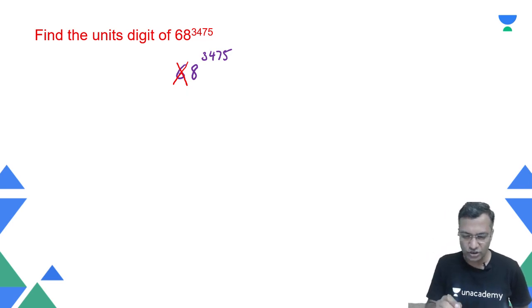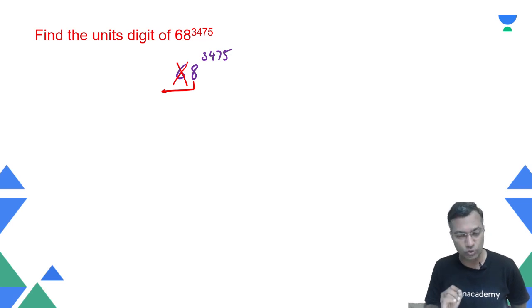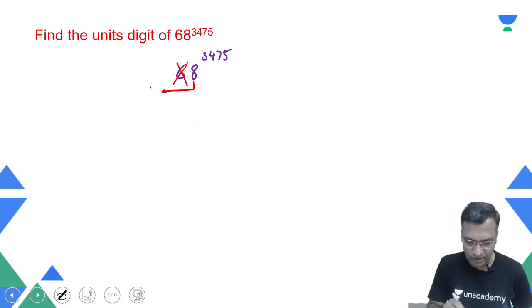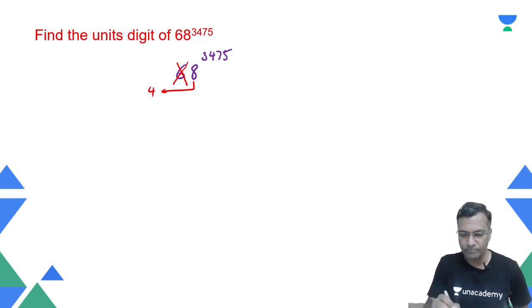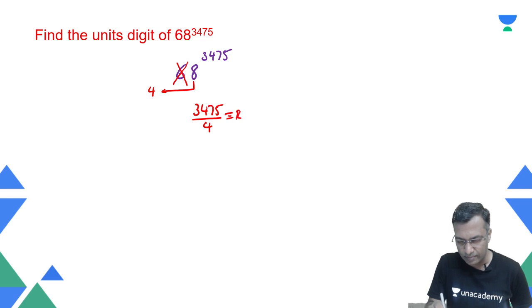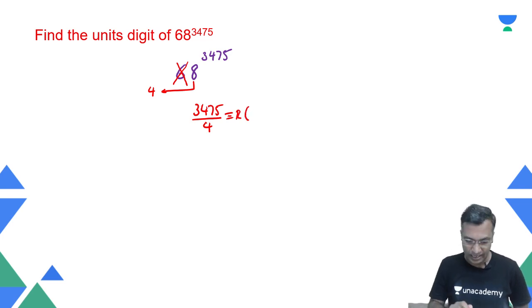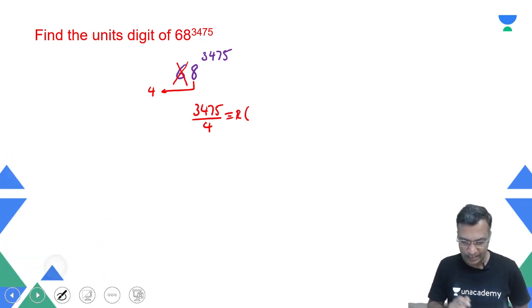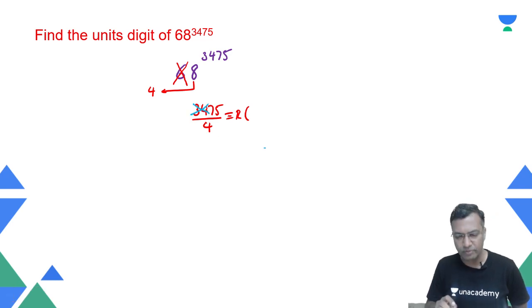Second, the question you ask is, do I know the cyclicity for 8? Yes, the cyclicity for 8 is 4. Therefore, I should look at the power, which is 3475, and divide by the cycle to find the remainder. I don't have to consider the 34. You may wonder, why not, sir?